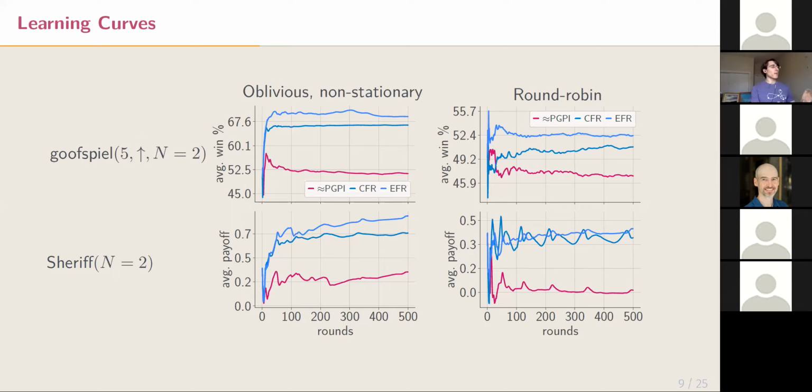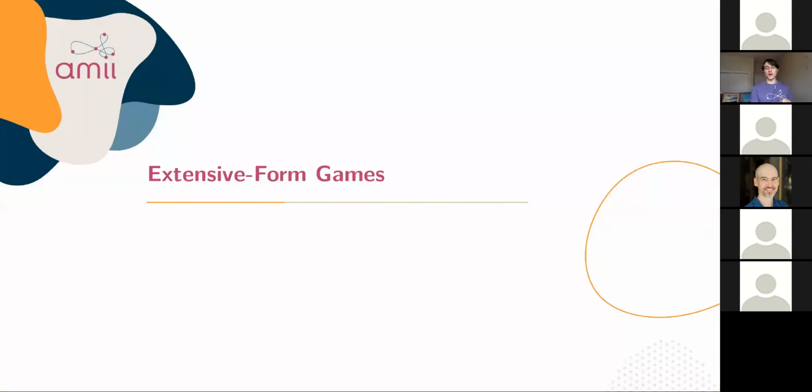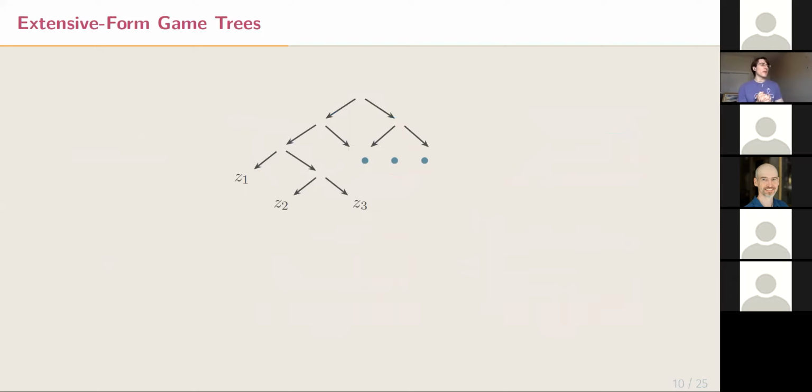And so now I'm going to talk about how we can think about deviation sets in games like Goofspiel and Sheriff, where you have to make decisions sequentially. To do that, I'm going to have to talk about extensive form games a little bit. Extensive form games can be drawn out as a tree. Every outcome of the game is just a leaf node in this tree.